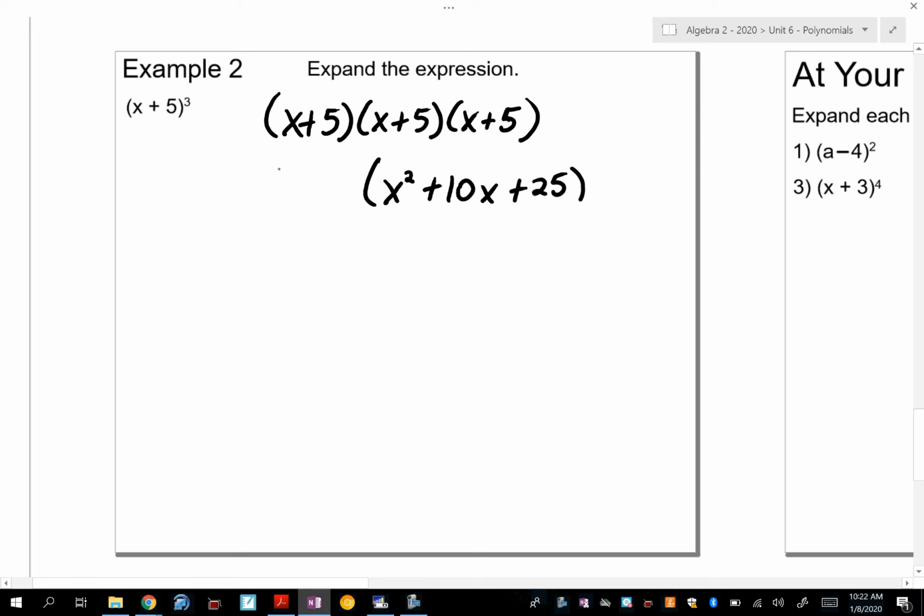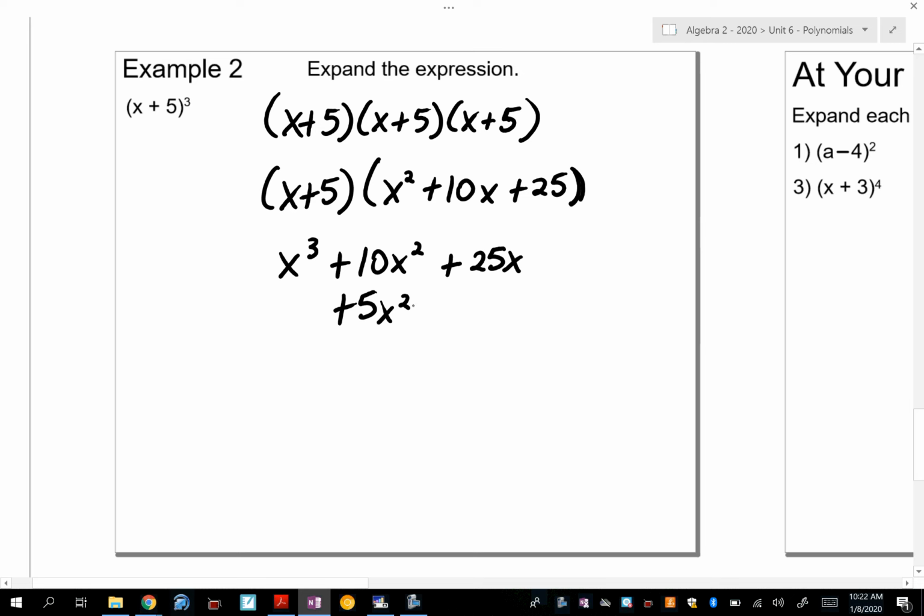Okay, now you're going to have to do that first one times this. So what's x times x squared? X cubed. What's x times 10x? Plus 10x squared. What's x times 25? Then 5 times x squared, 5 times 10x, and 5 times 25.